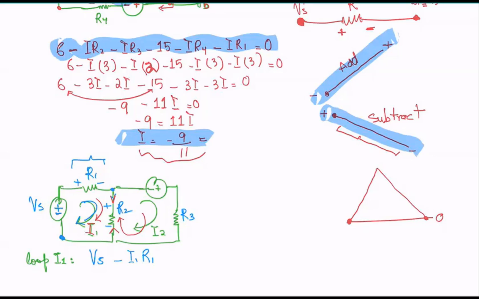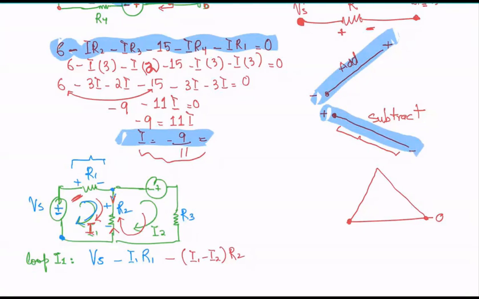Because I'm looking for the loop equation for this loop right here, we assume that current I1 has higher potential than I2. So the current flowing is the difference of those two currents. So it's going to be I1 minus I2 times R2, okay? Just keep that in mind.